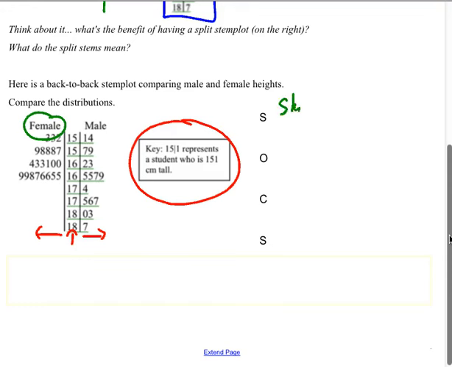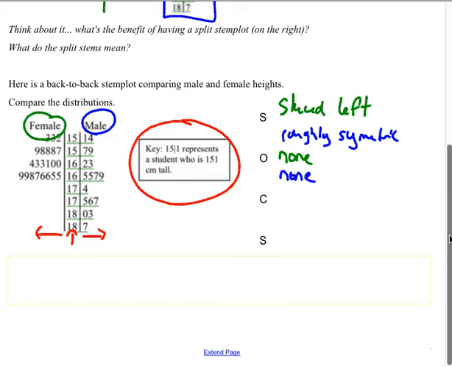This is going to be skewed left. Okay, it's kind of trailing off towards the smaller values. For males, I'm going to do in blue. Males, to me, it looks roughly symmetric. Again, not perfect, but close enough, okay? There's no distinct trailing off in one direction or the other. Outliers, I don't really see outliers in either one. Okay, so I'm going to put none.